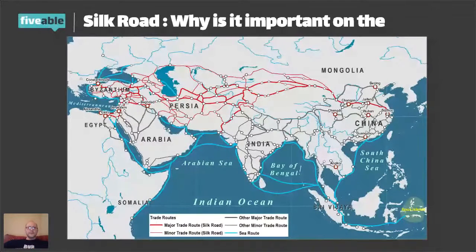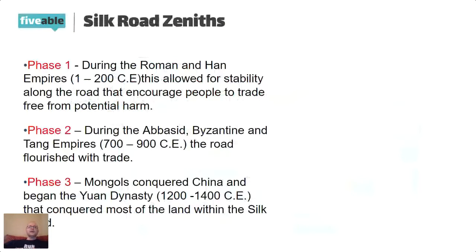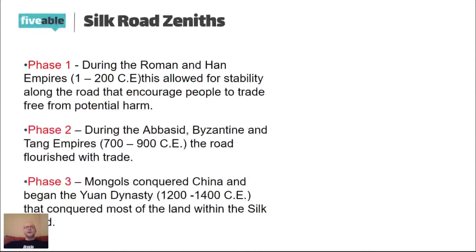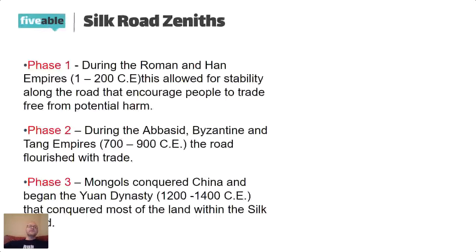All right. So the first thing I want you to understand is that the Silk Road has high points. The first high point of the Silk Road, in essence, is during the Roman and the Han empires. So this is between 1 and 200 CE. This is where the Silk Road gets its original name.